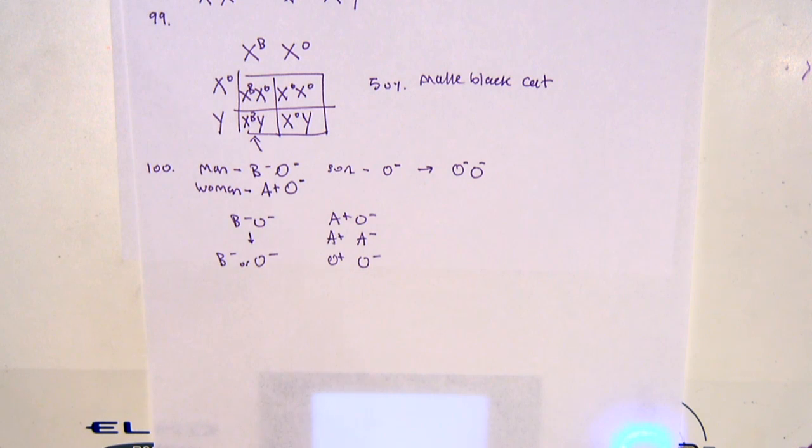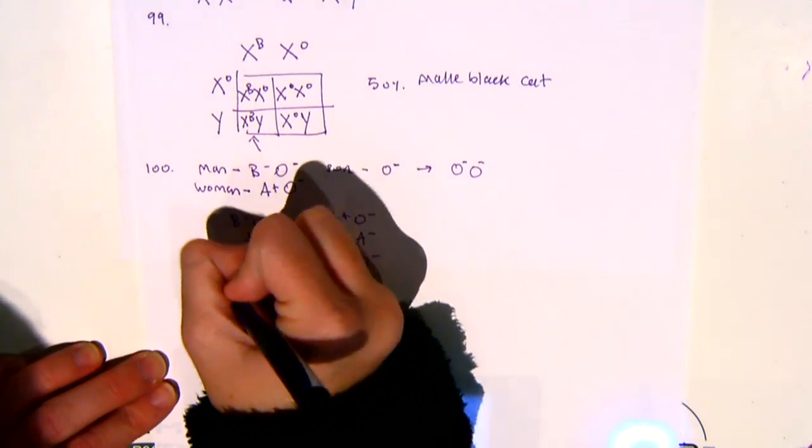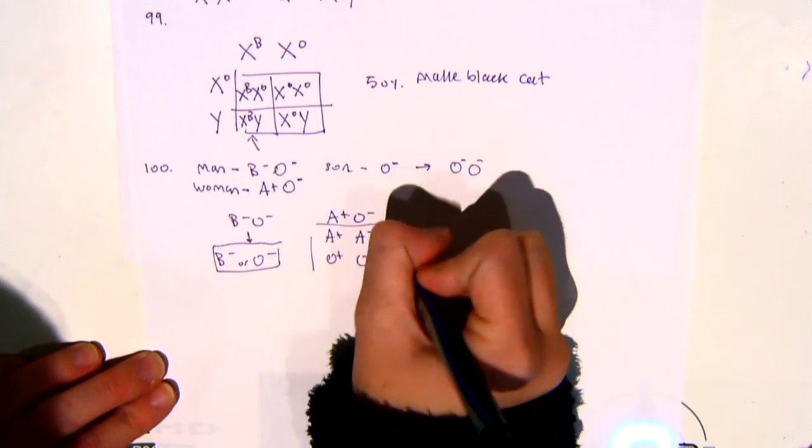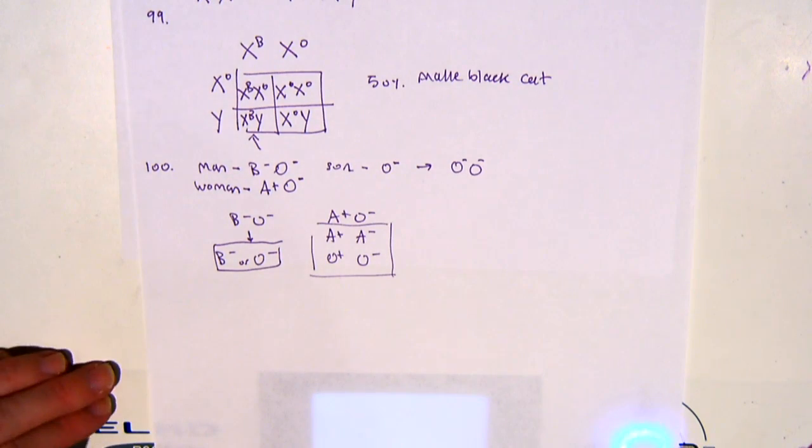The man was only heterozygous for 1 trait, so that's 2 to the 1, which is 2, which we verified: he has 2 different possible combinations. Okay? So now we figured out what we're going to put in our Punnett square.